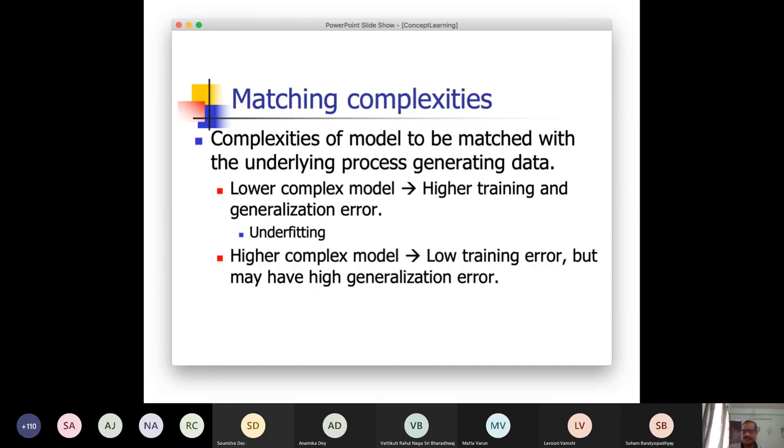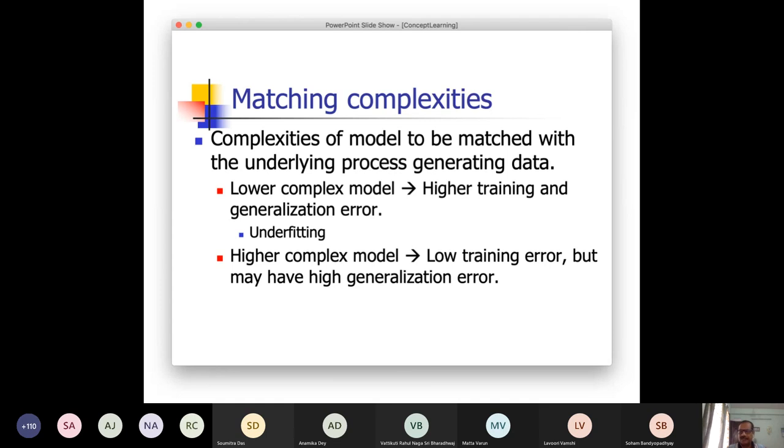On the other hand, as I mentioned, if you have a higher complexity model, you can fit the training sample easily. Say you have 8 points. If you have a polynomial of degree 7, which will have exactly 8 coefficients, you can get 8 equations, solve them, and get a model.